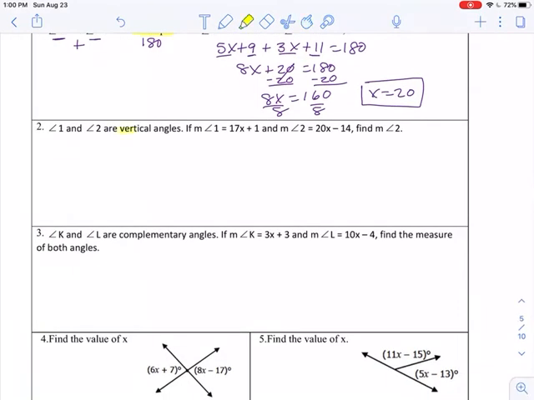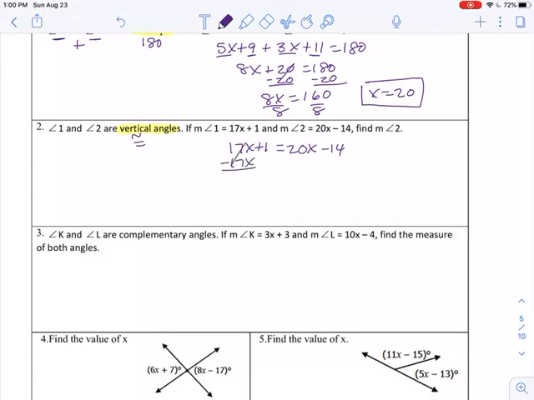All right, number two, I have vertical angles. If you need to, you go back and look in your notes and remind yourself what's true about vertical angles. Well, vertical angles are congruent to each other. So if angle 1 and angle 2 are vertical angles, that means angle 1 is equal to angle 2. So I'm going to take 17x plus 1 and set it equal to 20x minus 14.